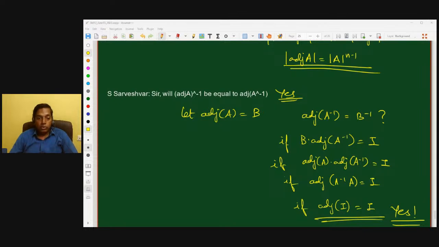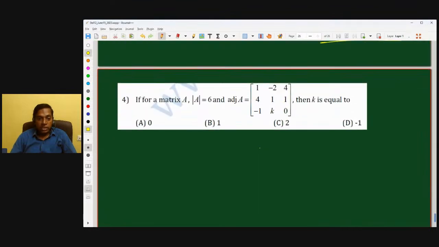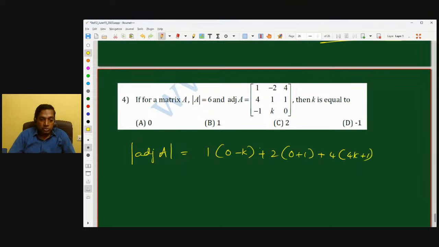For this question, we have to find the determinant of adjoint A. Determinant of adjoint A is 1 into 0 minus k, plus 2 into 0 plus 1, plus 4 into 4k plus 1.